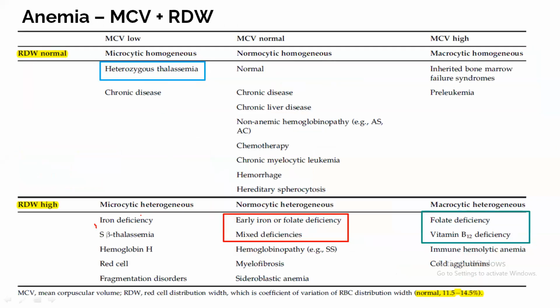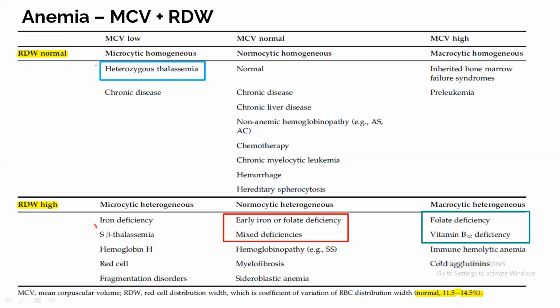This slide, I think every pediatrician must have in his office practice when looking at children with anemia. Always, as I told, we categorize the patients based upon the MCV into microcytic, normocytic, and macrocytic. Another important parameter is the red cell distribution width.